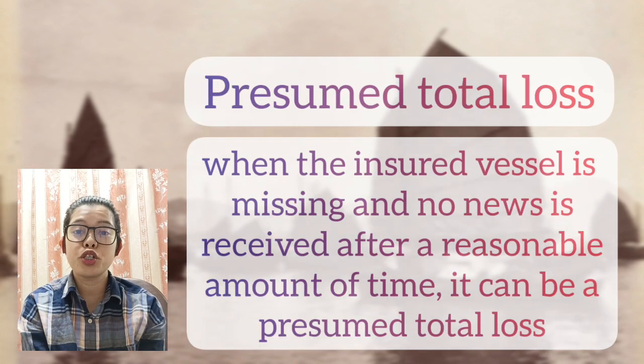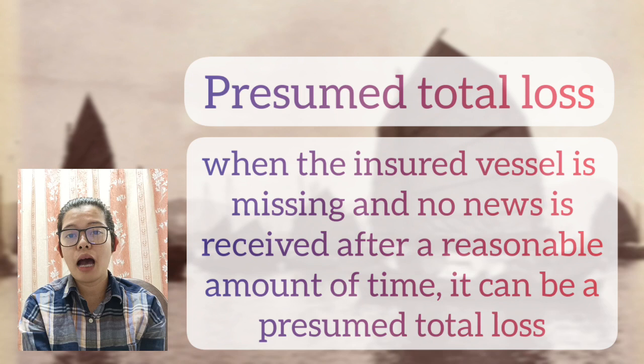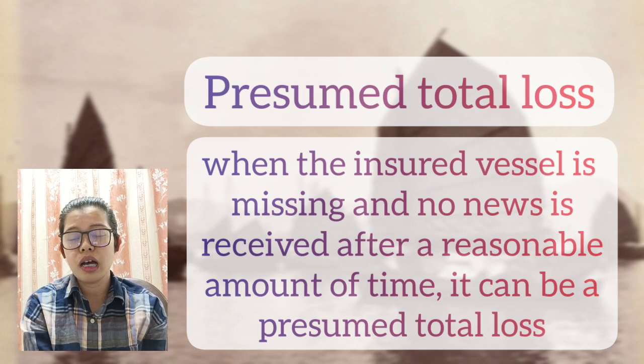The next one is presumed total loss. This happens when the ship goes missing and after a reasonable amount of time, there's still no news about the vessel and it can be presumed to have been lost, and it will fall under presumed total loss.